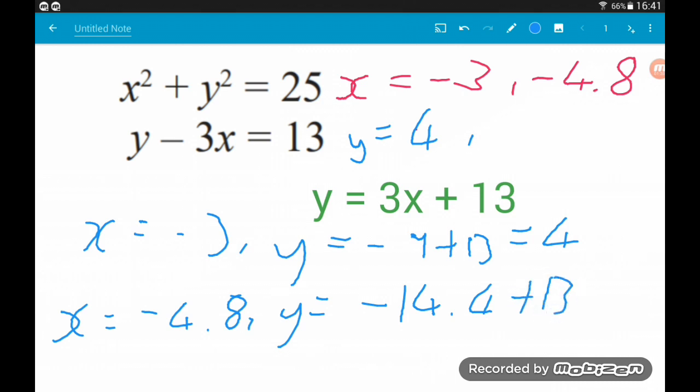And that is equal to minus 1.4. So there are the 4 parts of our answer. When x is minus 3, y is positive 4. When x is minus 4.8, y is minus 1.4.